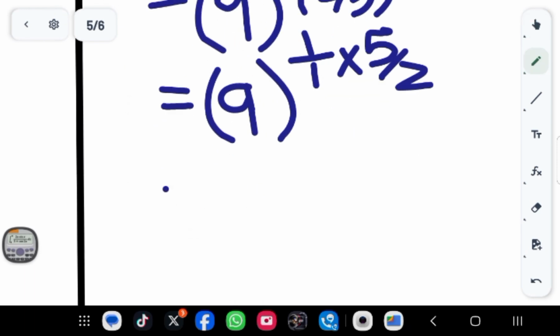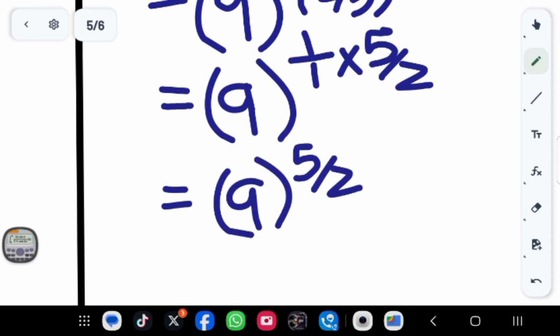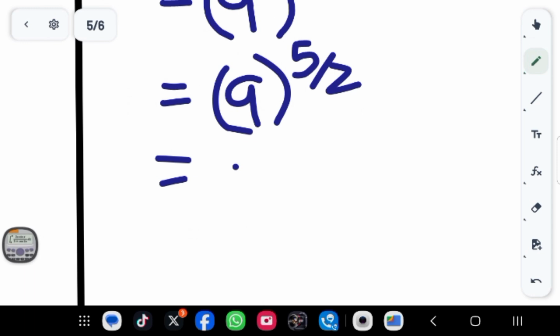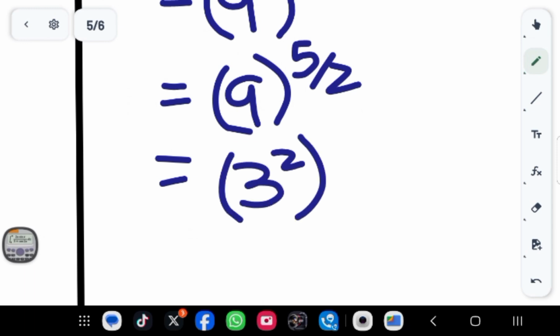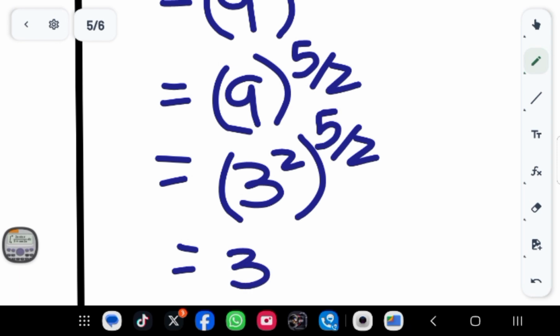So that leaves us with 9 all to the power of 5 over 2, which equals 3 squared all to the power of 5 over 2, which is then 3 to the power of 2 times 5 over 2.